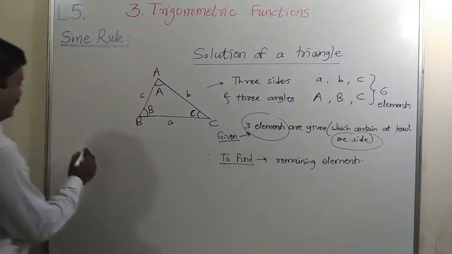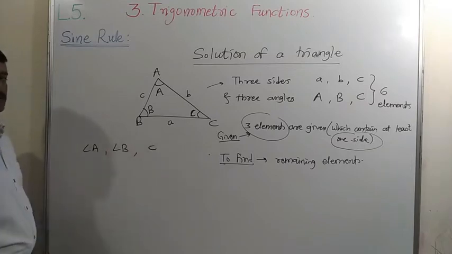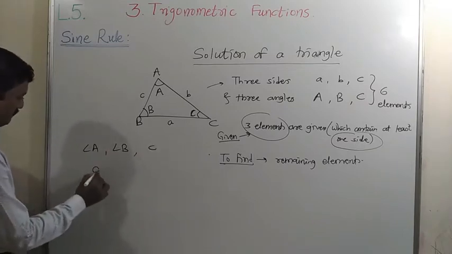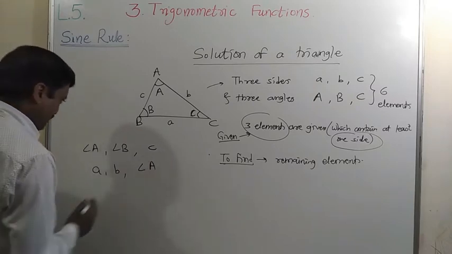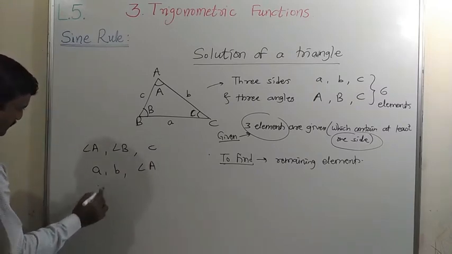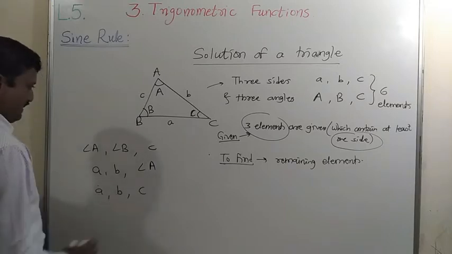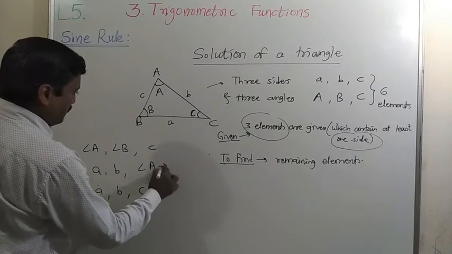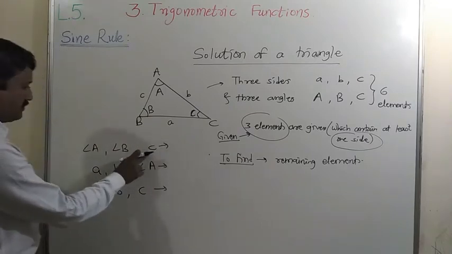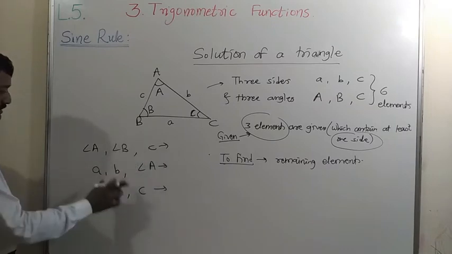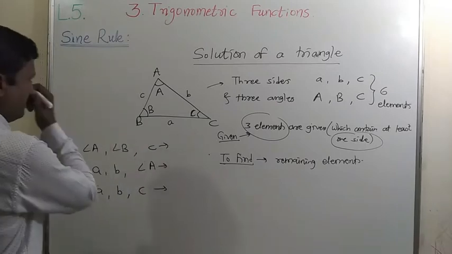That means whenever angle A, angle B, and side c are given, then we can find the remaining. Or if 2 sides are given and one angle is given, then also we can find the remaining elements. Or if sides a, b, c, all 3 are given, then we can find the remaining 3 angles also. So at least one side should be given. So here one side is given, here 2 sides are given, here 3 sides are given. Then at that time we can find the remaining elements.